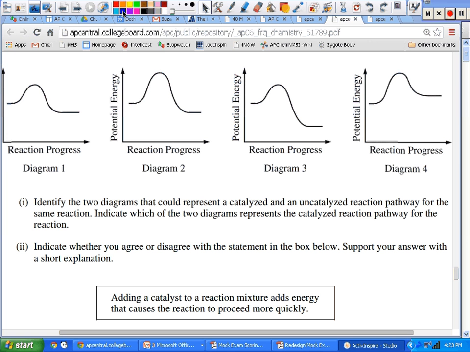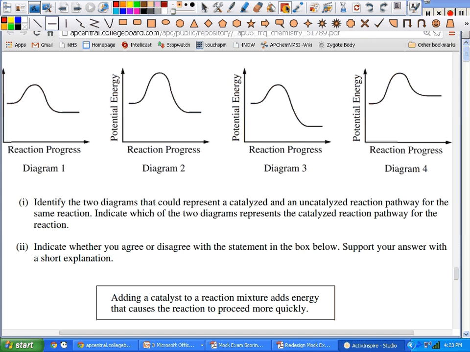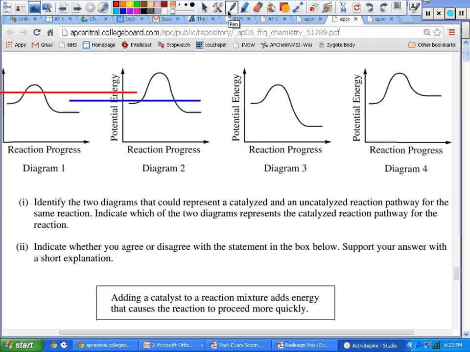So if you will notice, I'm just going to make a point about it. Let's see if I can do this nice and pretty. Probably can't, but we're going to try. Do those two graphs have the exact same initial starting energy? Do they also have the exact same ending energy? Oh, man. Well, you saw how it worked, okay?